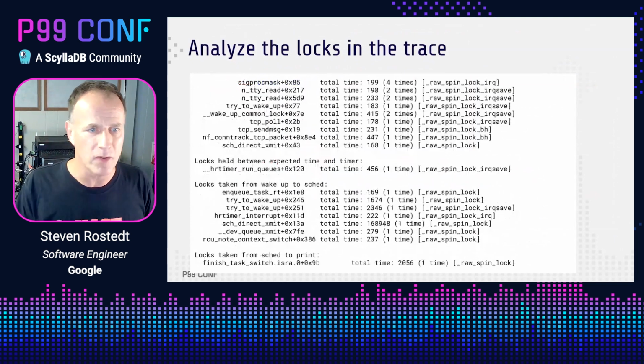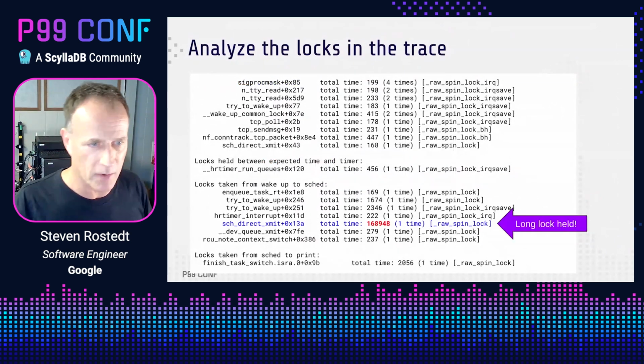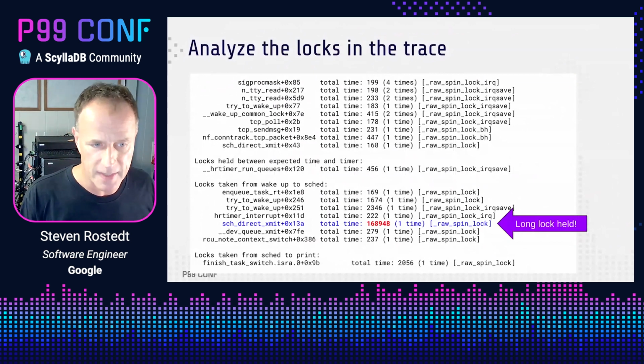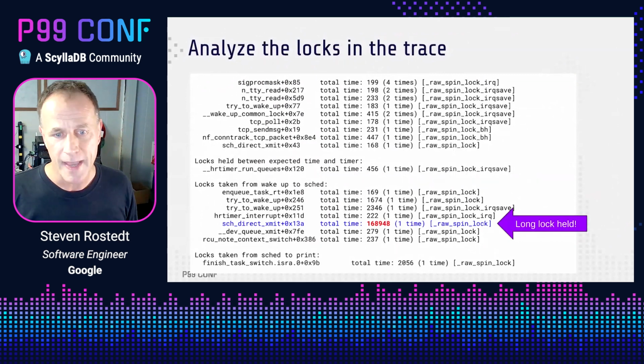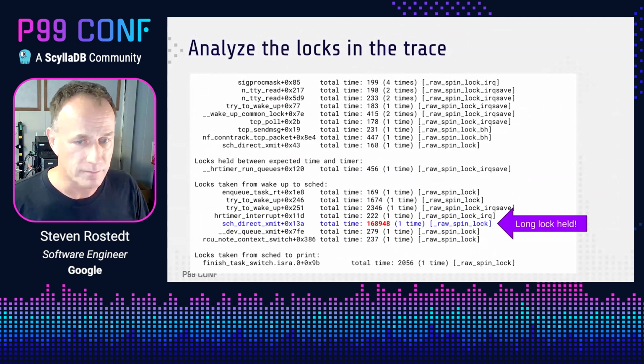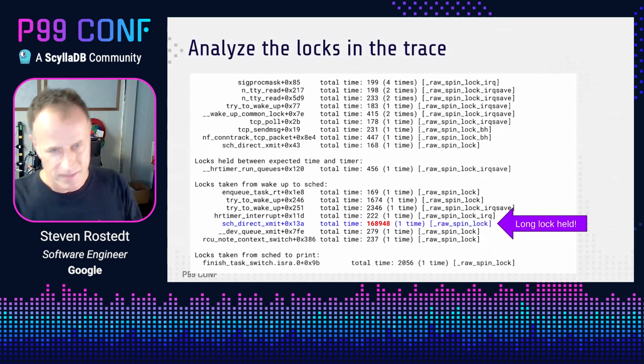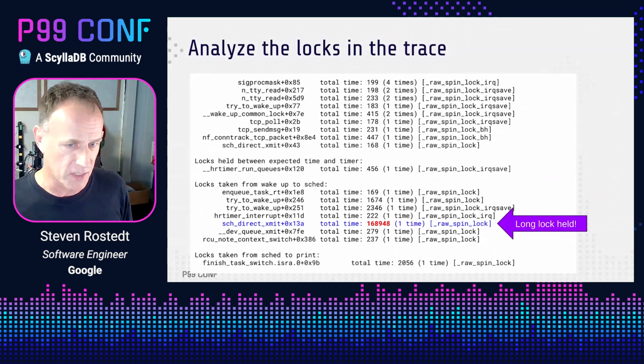So we go down and look at all the locks, and here's the place where you'll see locks taken from wake up to sched. We'll notice that this lock that was taken in the function sch_direct_xmit was held for 168 microseconds, which is beyond our 100 microseconds that we care about. Now why is this probably larger than the time that actually caused the delay?